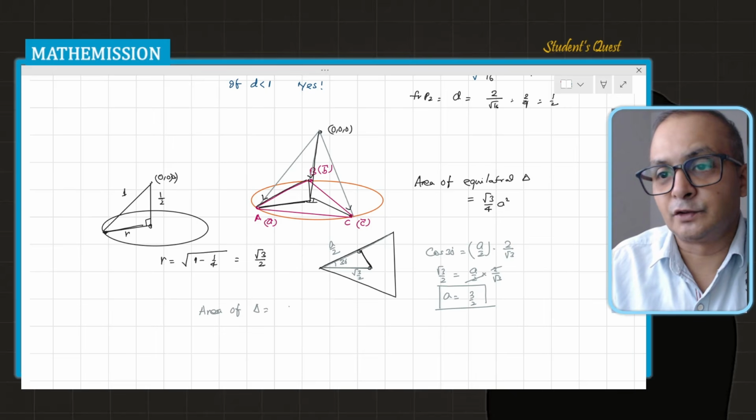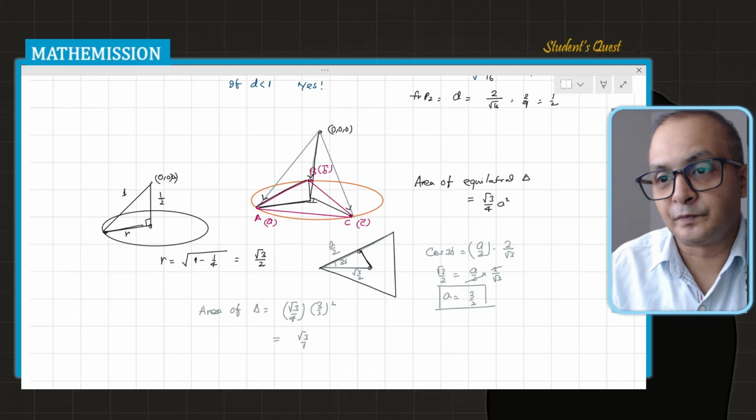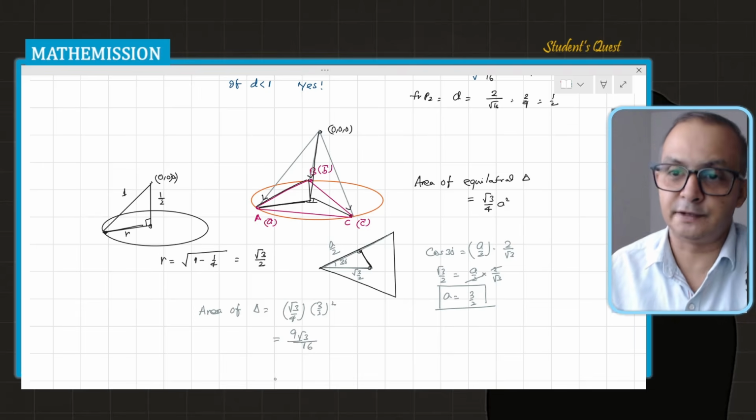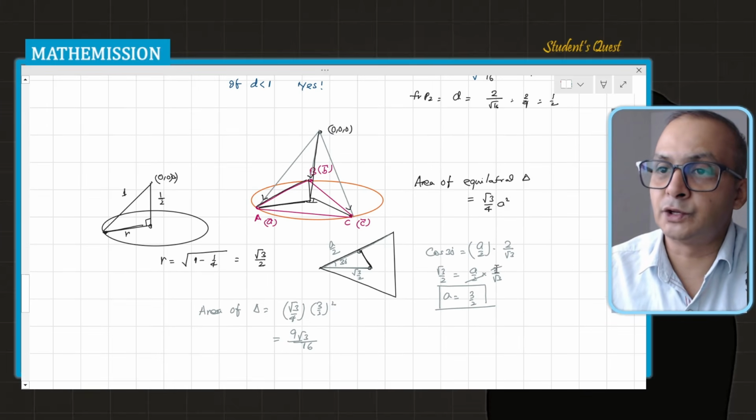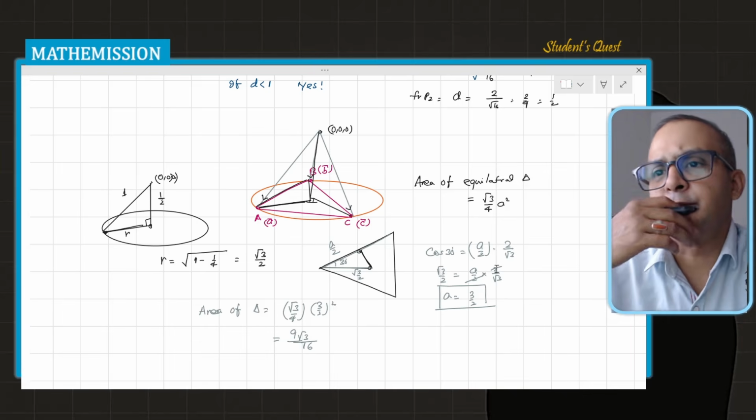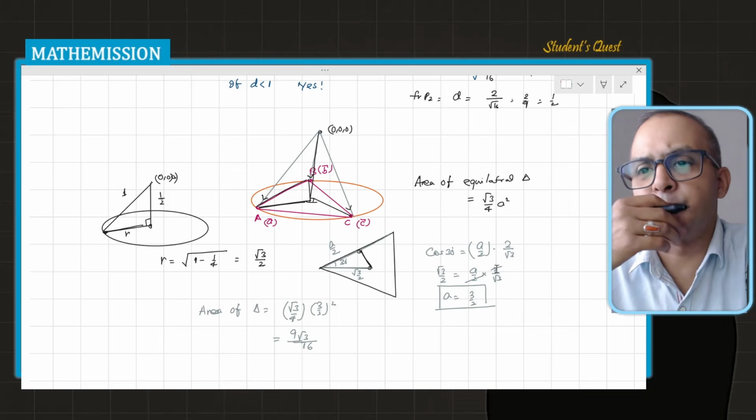So the area of the triangle will be root 3 by 4 times side square, so 3 by 2 square. So root 3 by 16 times 9, and that is going to be 9 root 3 by 16. And if I multiply this by 1 by 2, I should get the volume of the parallelepiped.